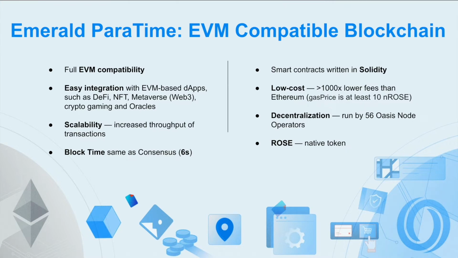But at the same time, you can use the same technology, the same tools, the same language that you were using on Ethereum. So smart contracts will be the same, written in Solidity. So you will have these .sol smart contracts to be deployed on Emerald testnet or mainnet.